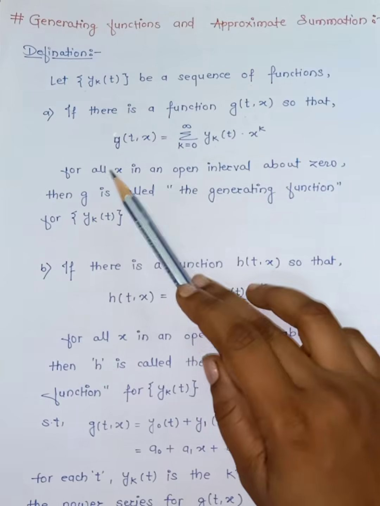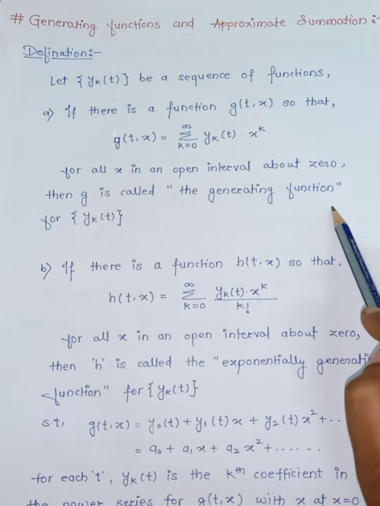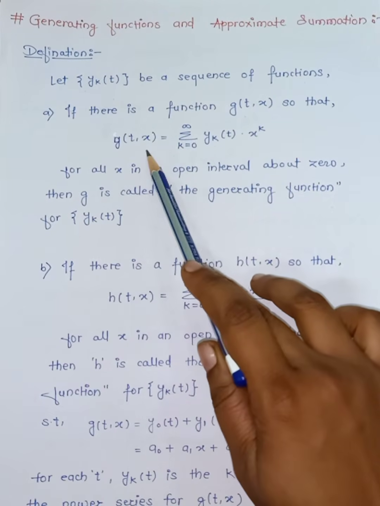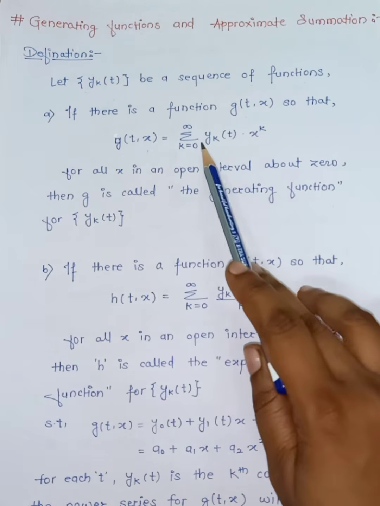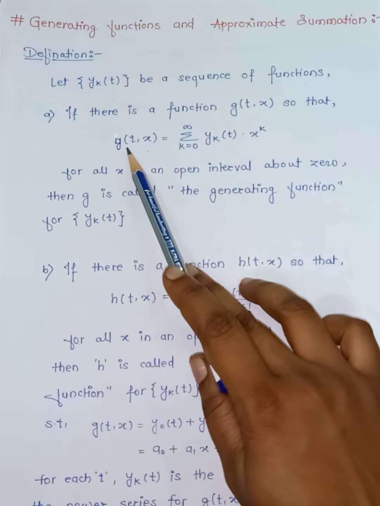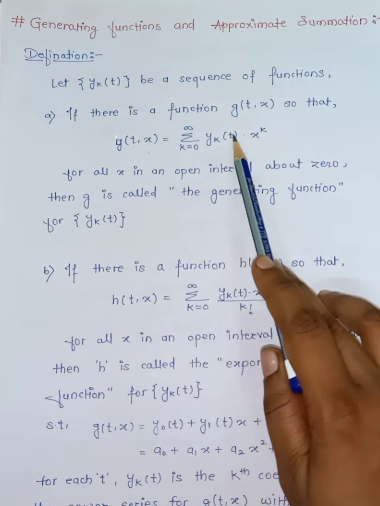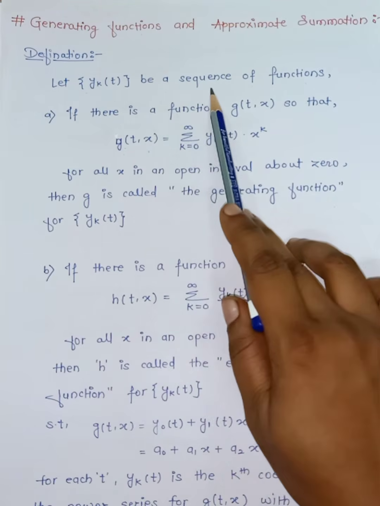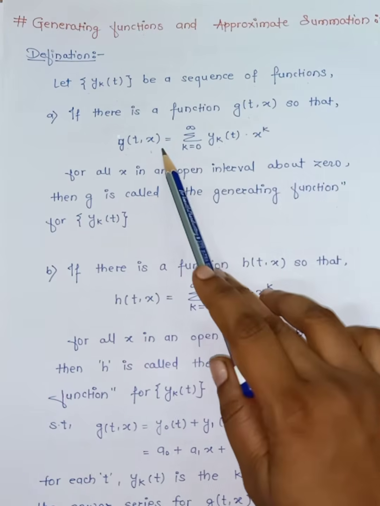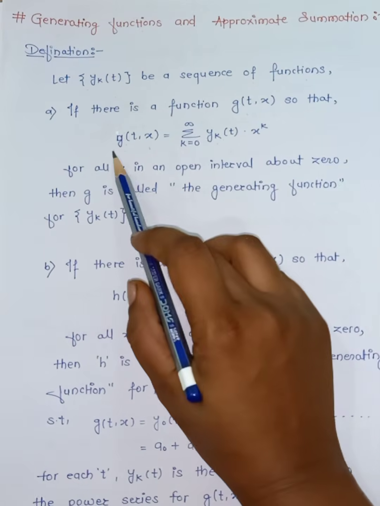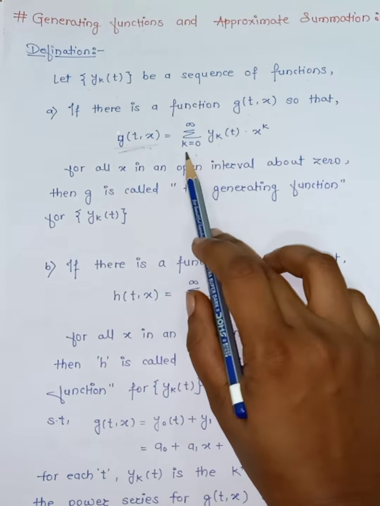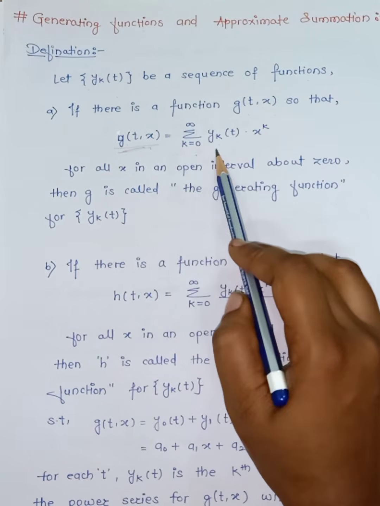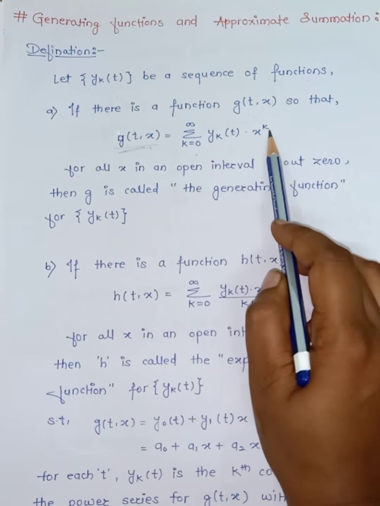So what is the concept of a generating function? This g(t,x) can be said to be a generating function of y_k(t). The g(t,x) will be considered a generating function of y_k(t), that is a sequence of functions, if this g(t,x) can be expressed as the summation from k equals 0 to infinity of y_k(t) times x to the power k.